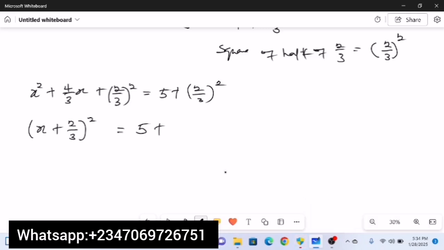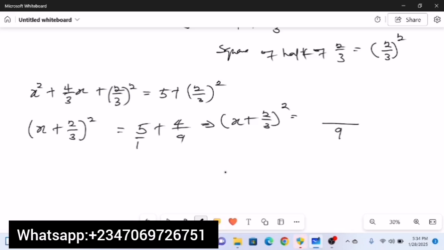2 squared is 4, all over 3 squared is 9. You have this. So this simply implies that (x + 2/3) squared is going to be equal to 5 plus 4/9. The LCM here is 9. So this 5 can be written as simply 5 over 1, right?